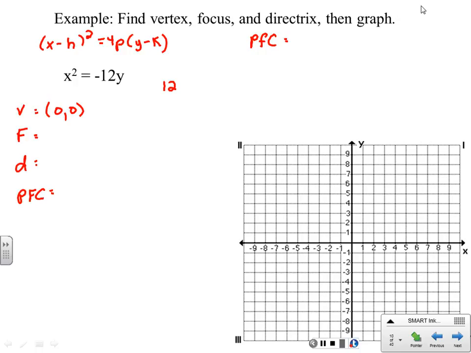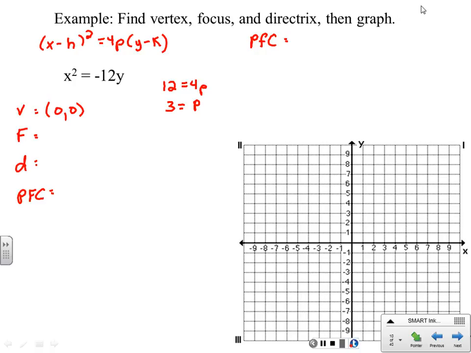We want the absolute value. And just don't worry about the sign. Just take that number and go with it. So now we know P is 3.